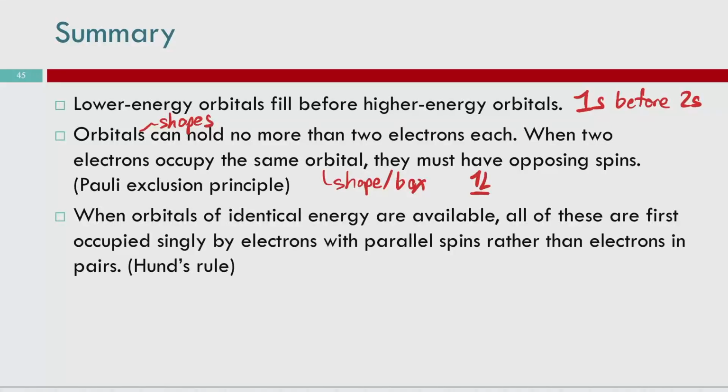If we've got orbitals of identical energy, P or D subshells would have these, like 3P, if we've got equal energy, then we need to fill them in singly first.